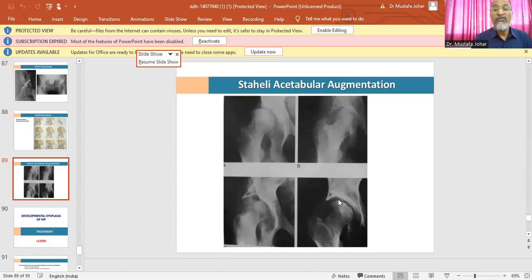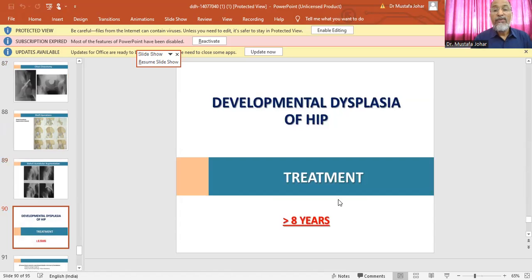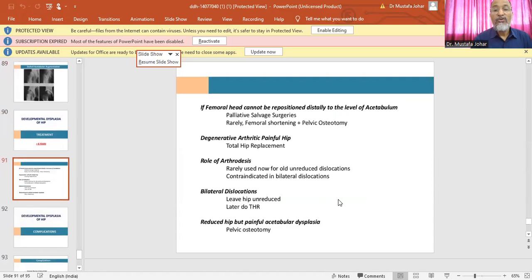Then you have the Staheli acetabular augmentation procedure, and then more than 8 years of age, we have certain other features, and that if the femoral head cannot be repositioned distally to the level of the acetabulum, then you have to do a palliative salvage surgery, but shortening plus pelvic osteotomy can also be done, but it is rarely needed.